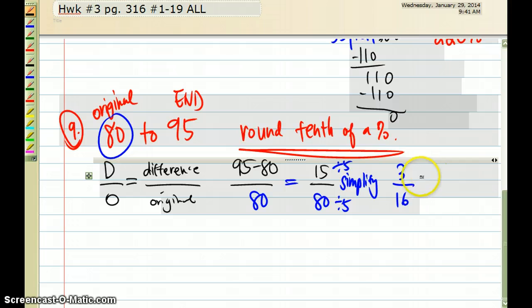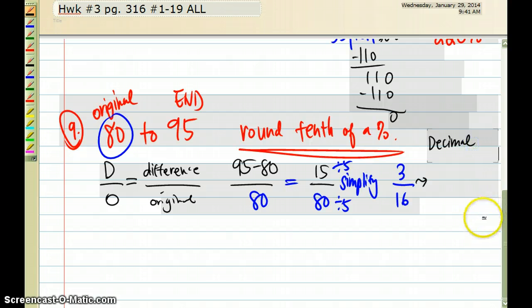From here, I'm then going to change this fraction to a percent. So I've got to do 2 steps to get there. I have to first make it a decimal by dividing. So which number goes in the box?